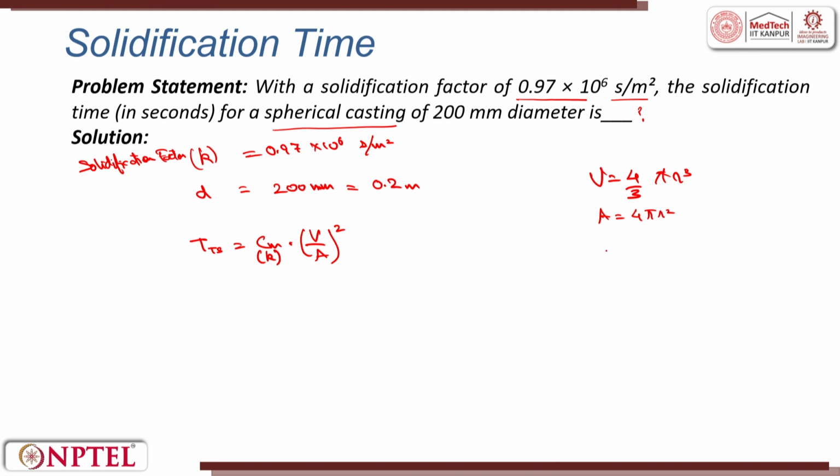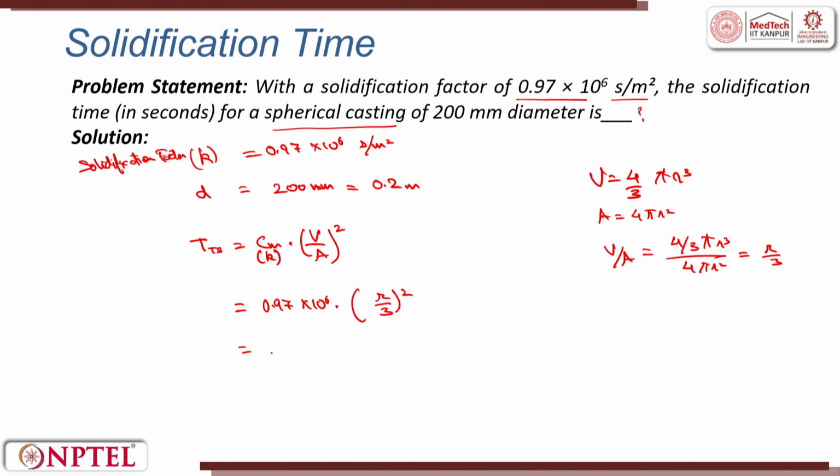The ratio V by A turns out to be 4 by 3 pi r cube over 4 pi r square, which is equal to r by 3. Therefore this becomes the value of Cm or K, that is 0.97 into 10 raised to power 6, times r by 3 squared.